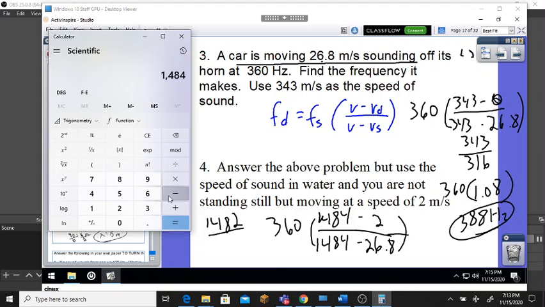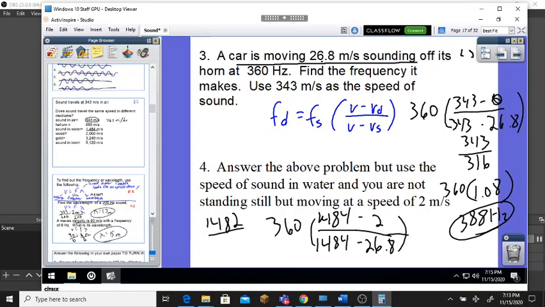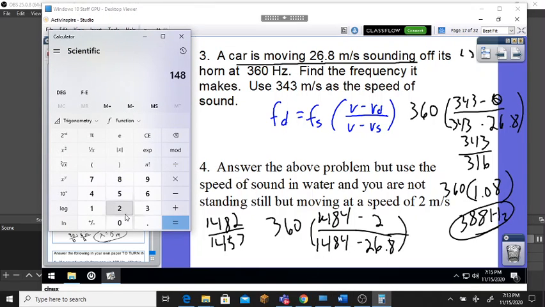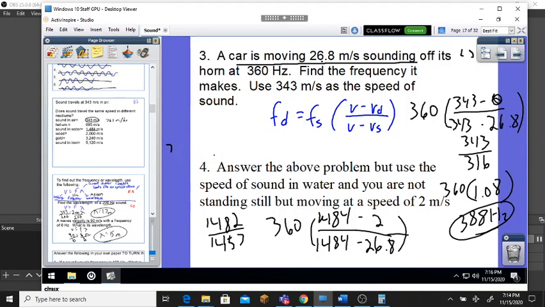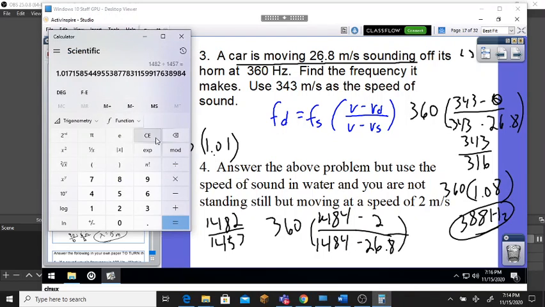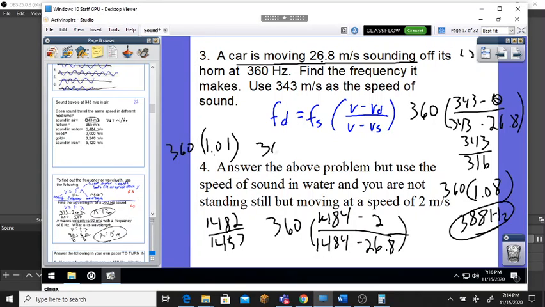Then 1484 minus 26.8 is 1457. 1482 divided by 1457 is 1.01. 1.01 times 360 gives me 363 hertz.